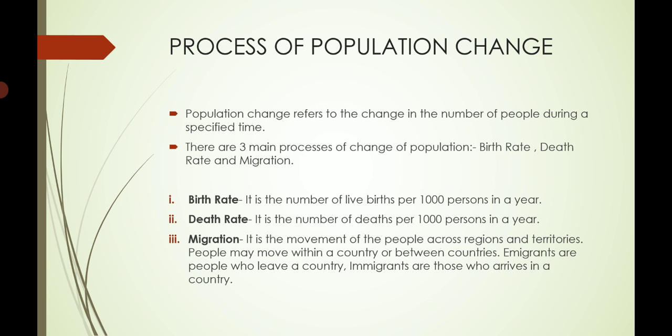After getting the job, that person from the village settles down in the city. So we can say that person has migrated from the village to a city. Migration happens from region to region, or from village to city, or from country to country, whatever.